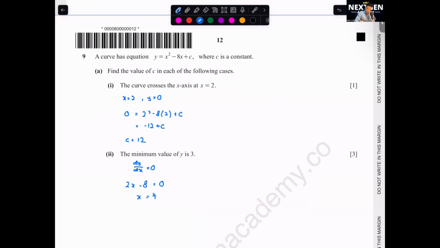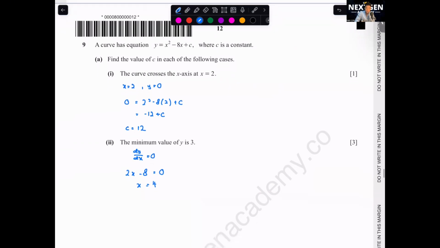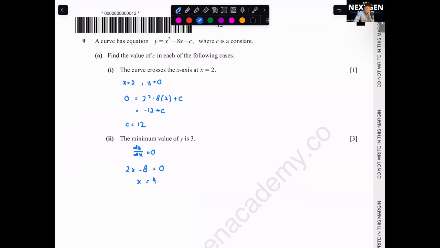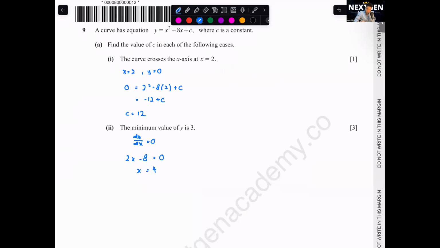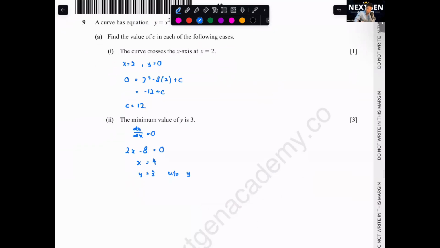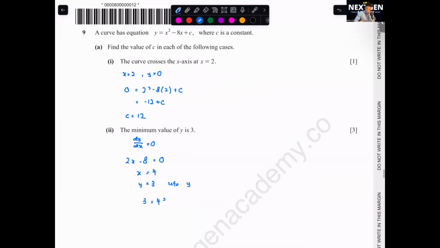So we substitute in x equals to 4 and y equals to 3 into y. It becomes 3 equals to 4 squared minus 8 times 4 plus c. So we get minus 16 plus c. c is equals to 19.